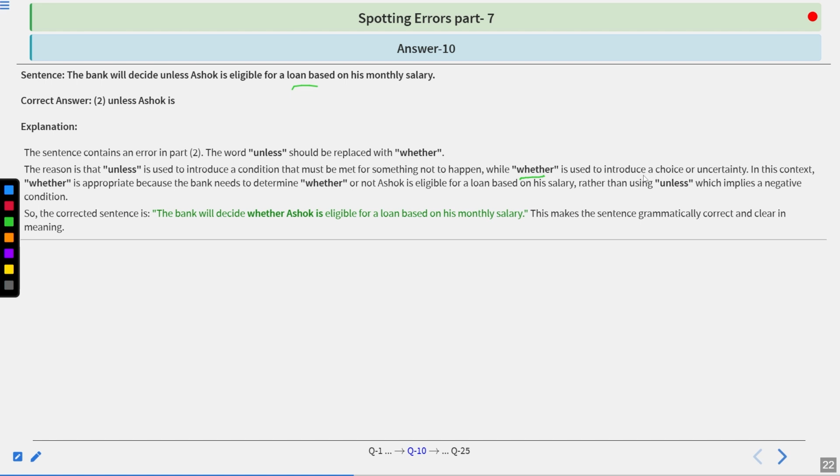In this context, "whether" is appropriate because the bank needs to determine whether or not Ashok is eligible for a loan based on his salary, rather than using "unless", which implies a negative condition. So the correct sentence is: The bank will decide whether Ashok is eligible for a loan based on his monthly salary. This makes the sentence grammatically correct and clear in meaning.